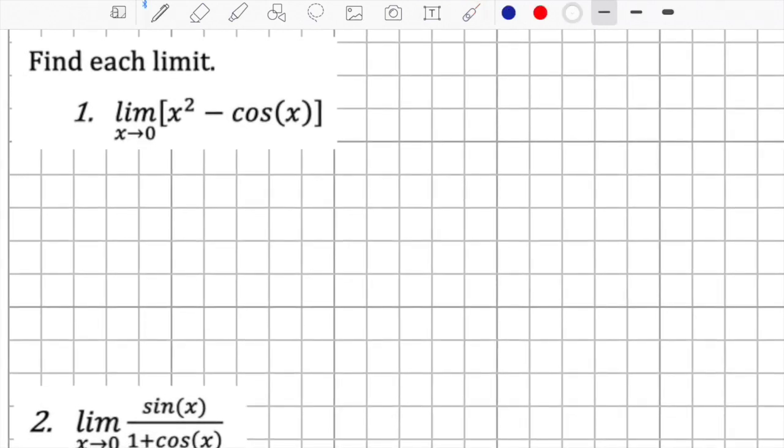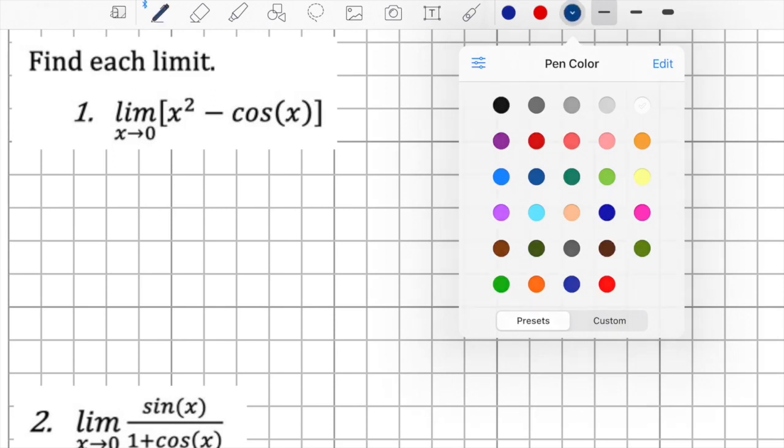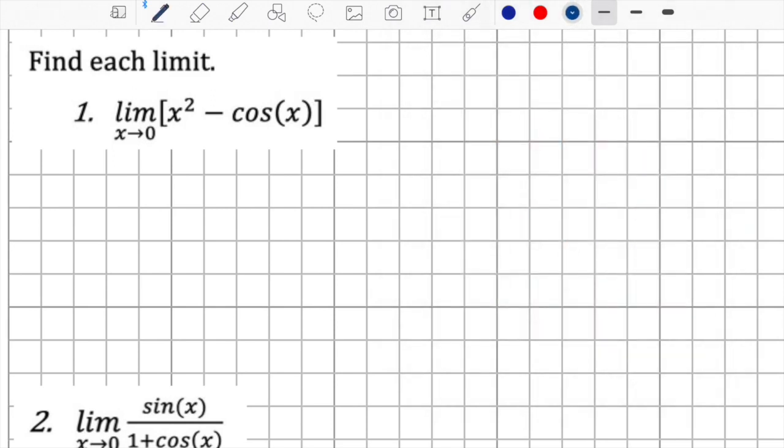So for our first example, we just want to find the limit, and as usual, when we're looking for the limit of any function, what you want to do first is always plug it in, and let's see what we get. So here we're looking for the limit as x approaches 0 of x squared minus cosine of x.